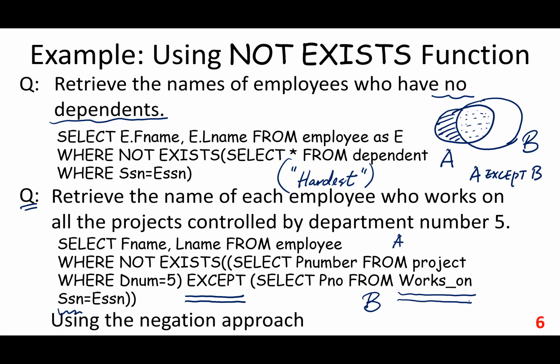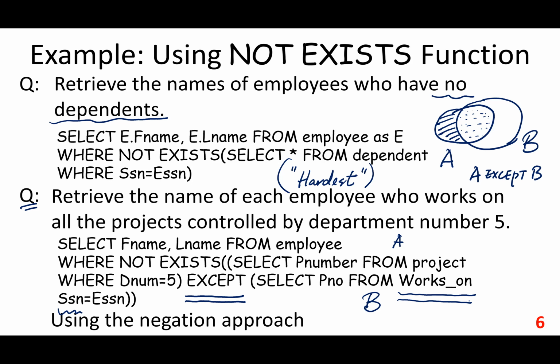Using the negation approach. Yeah. Here you can see now we use that kind of negation thinking. Okay, negation thinking, not exists. When we use this not exists function, here you can see we make a lot of effort, try to make the query result empty.